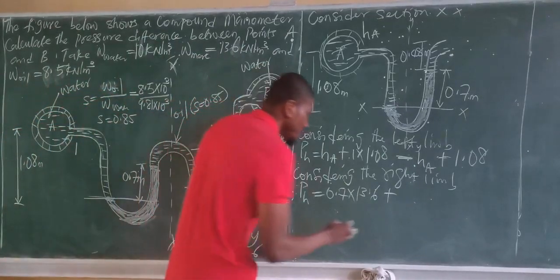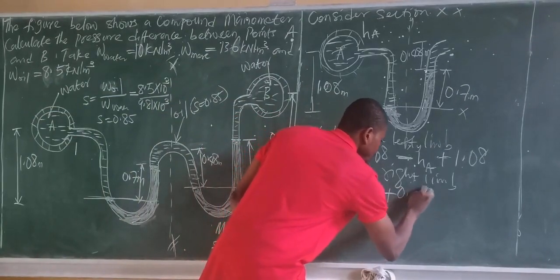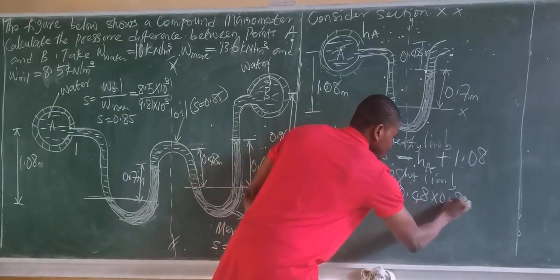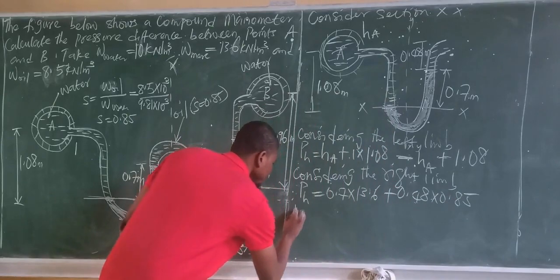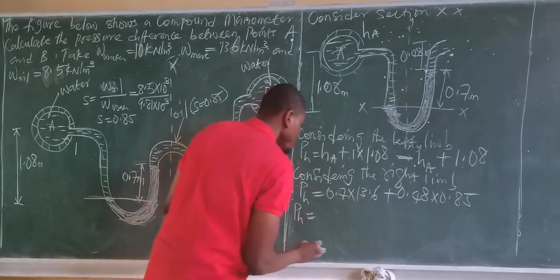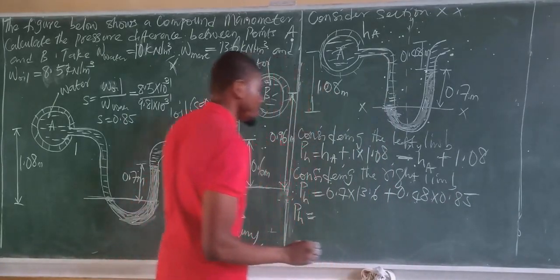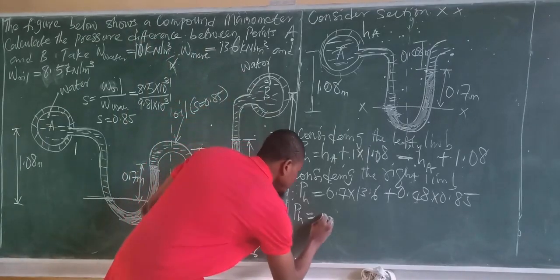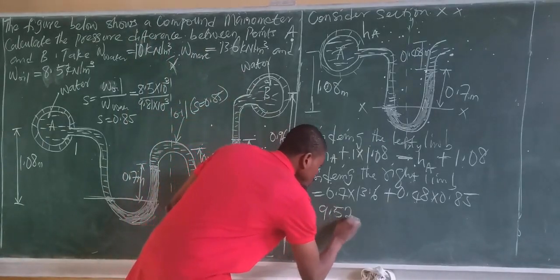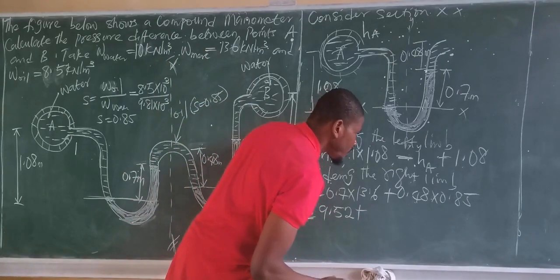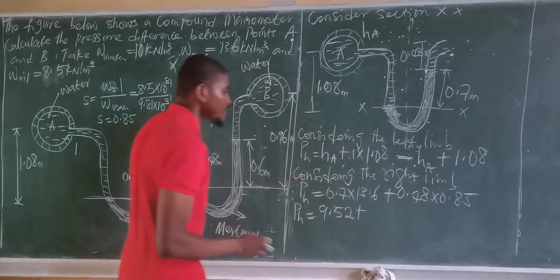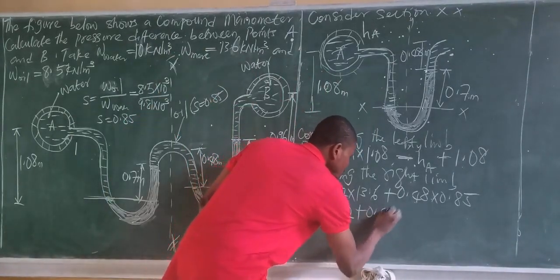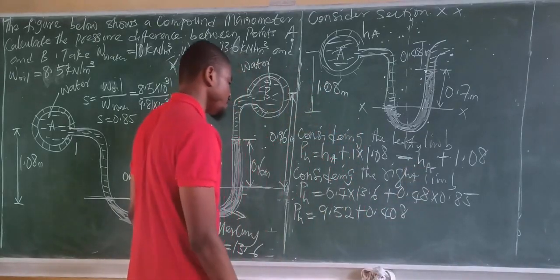So the pressure head is 0.7 times 13.6, which gives us 9.52, plus 0.48 times 0.85, which gives us 0.408. So I have this.